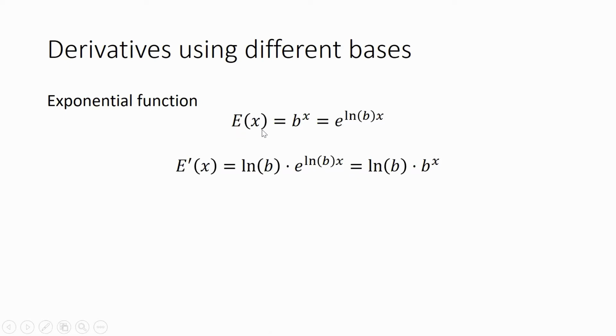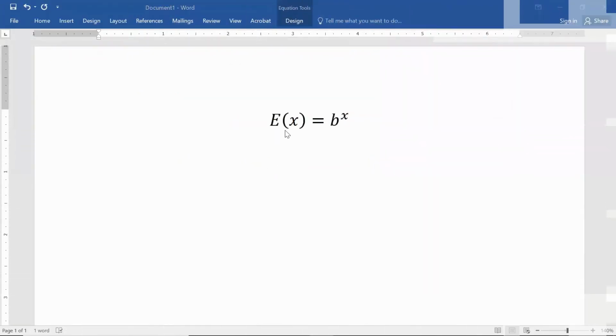The exponential function is written as b to the x. Again, our base here is above 0, so it's positive and not 1, or else this is uninteresting. It turns out you can rewrite b to the x as e to the natural log of b times x. Let me show you how that's done. So take f of x equals b to the x. What we're going to do is rewrite b.